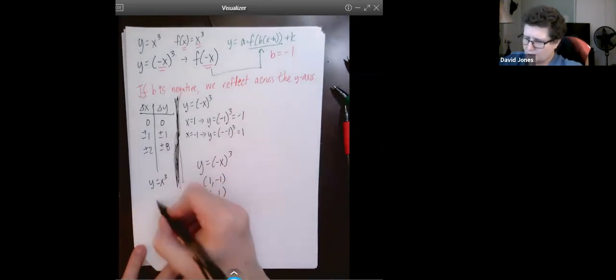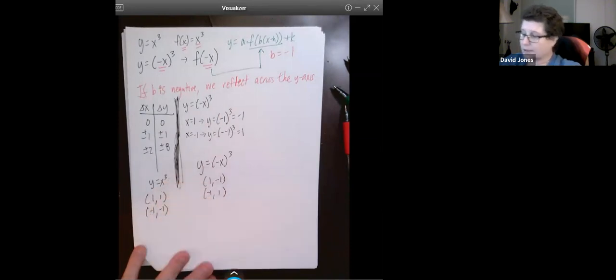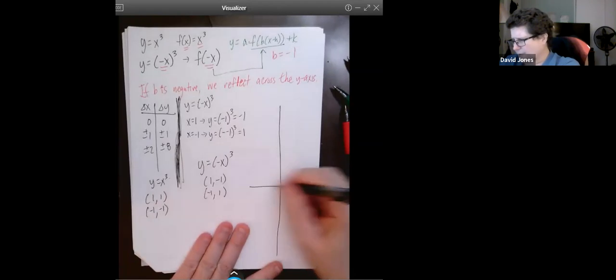But on our base graph, y equals x cubed, we had 1 leading to 1 and -1 leading to -1. The same thing happens with the 2 and the 8.